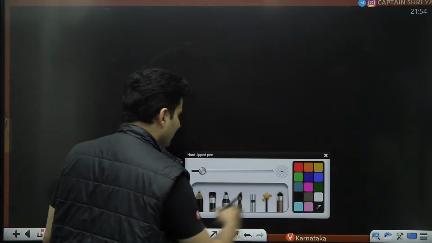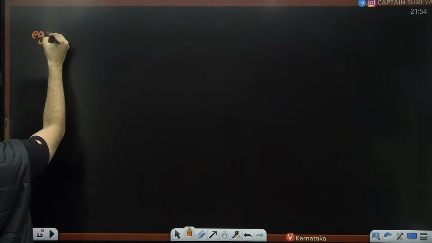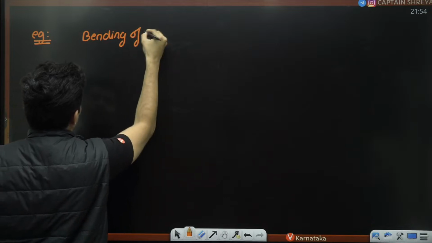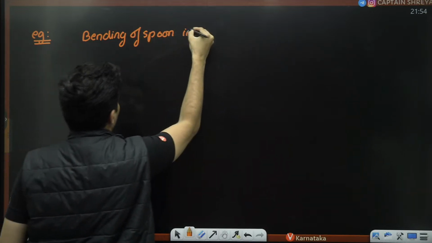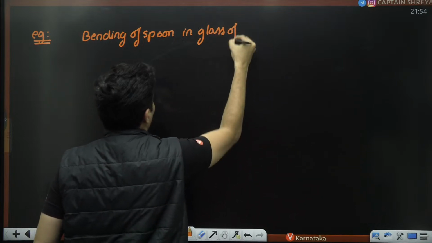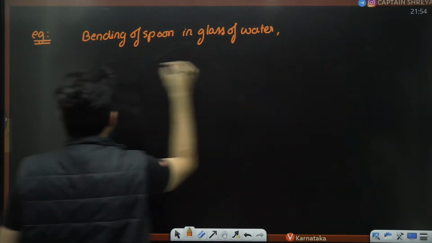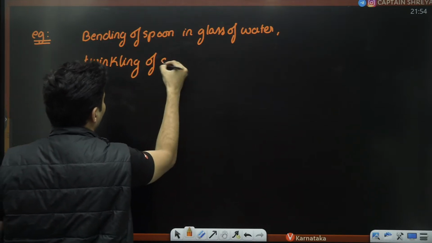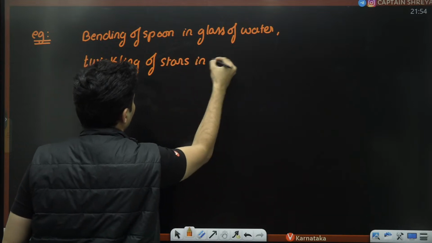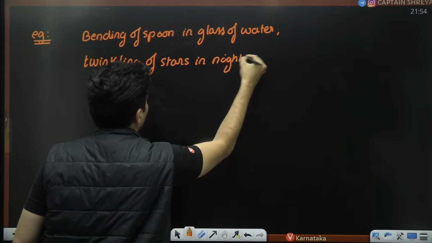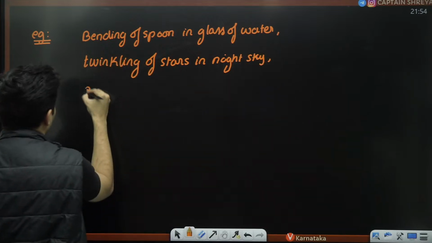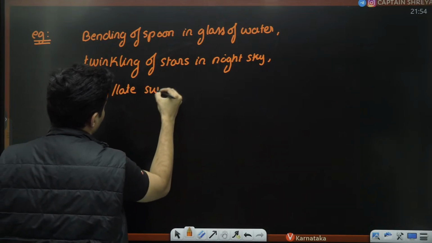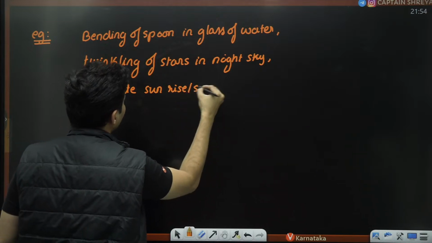You also might have seen that there are many more examples, like the bending of a spoon in a glass of water, or even the twinkling of stars in the night sky, or even the early or late sunrise or sunset.